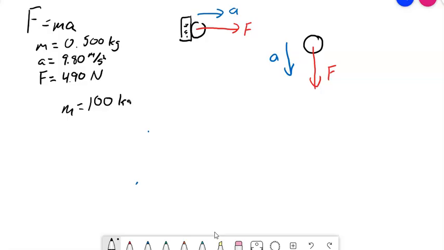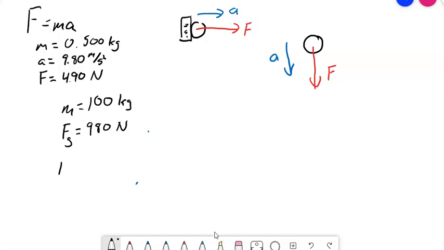So if my astronaut has a mass of 100 kilograms, then his weight on the Earth, which I'll call F sub g, is going to be 980 newtons. Yeah, that's right. 100 kilograms is about 1,000 newtons of weight. Now, on the moon, the free fall acceleration is 1/6, it's 1.7 meters per second squared.